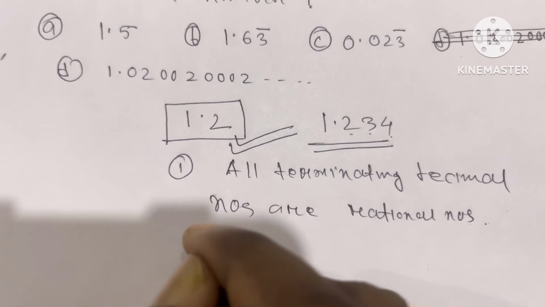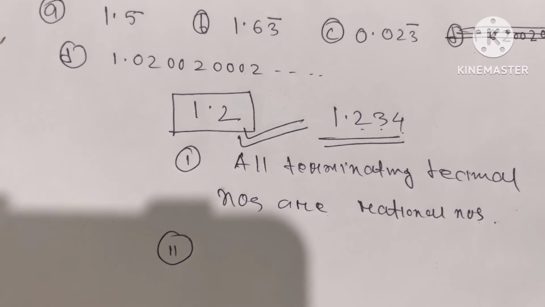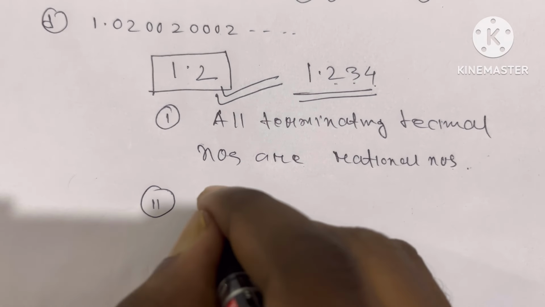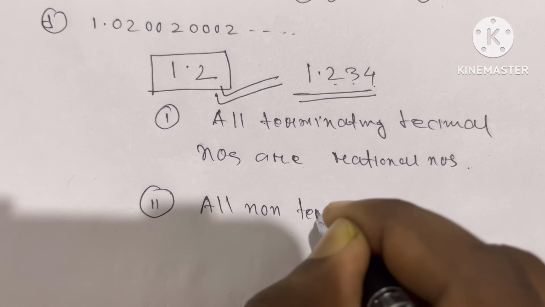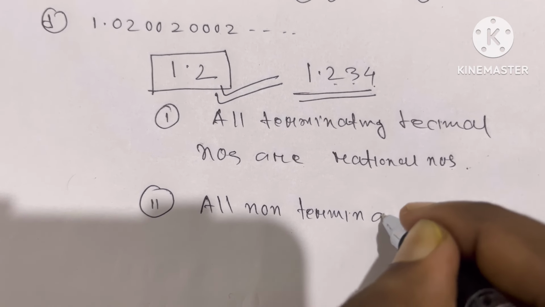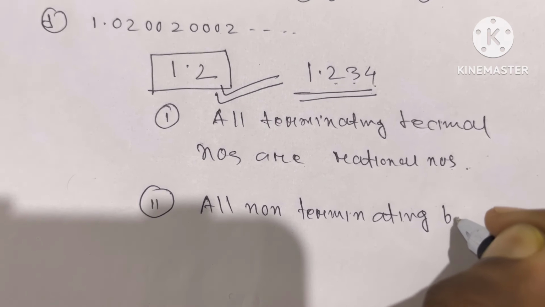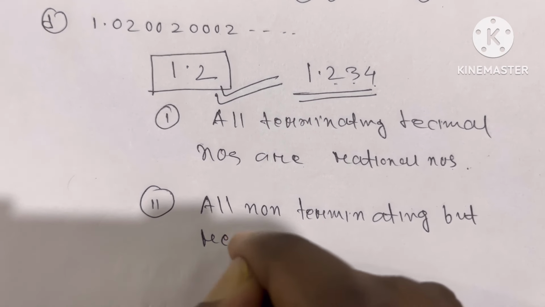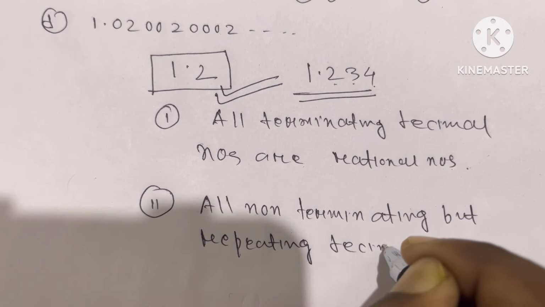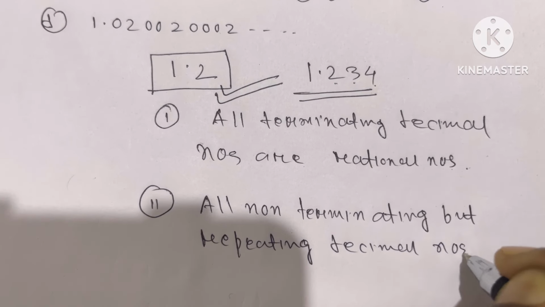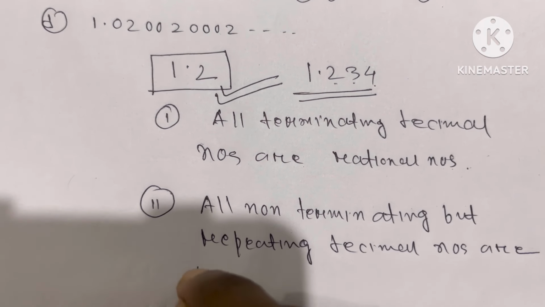And there is one more type of rational number. What? All non-terminating but repeating decimal numbers are rational numbers.